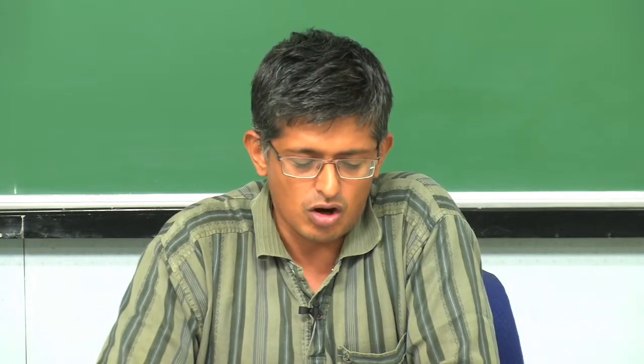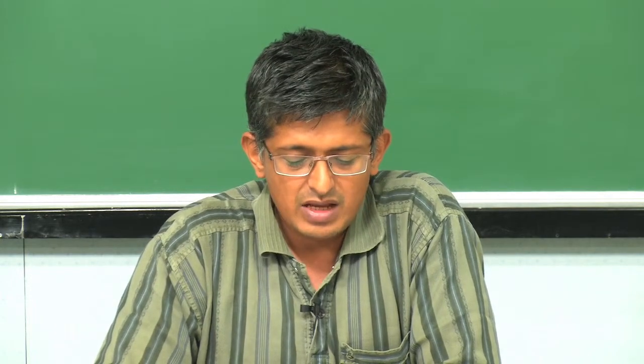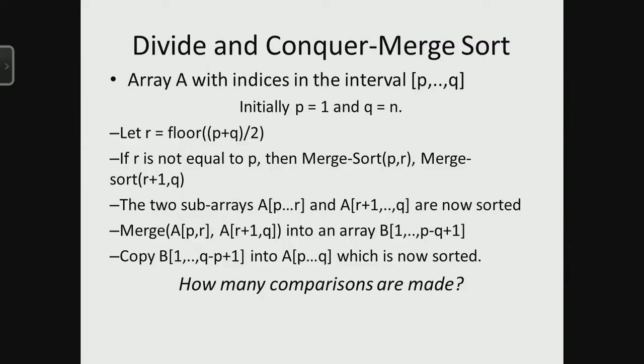If r is not the same as p, in other words, if the array has more than 2 elements, then merge sort of p comma r is called, followed by a recursive call to merge sort of r plus 1 to q. Observe the boundary condition of what happens when r is equal to p.